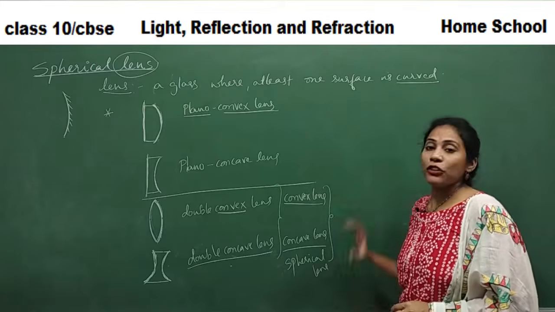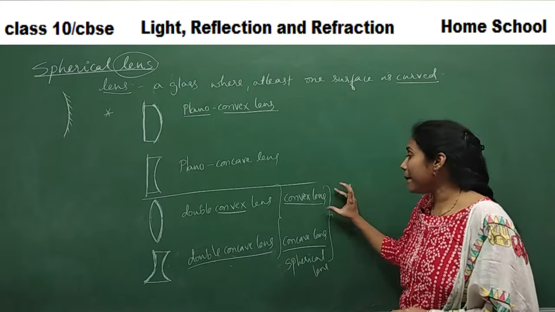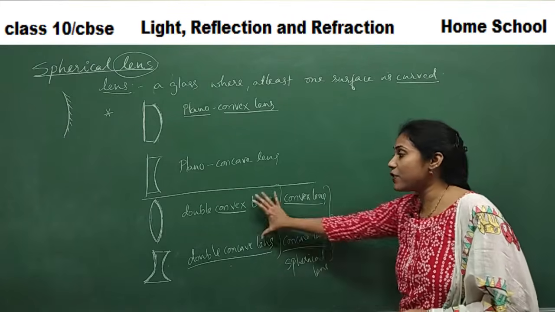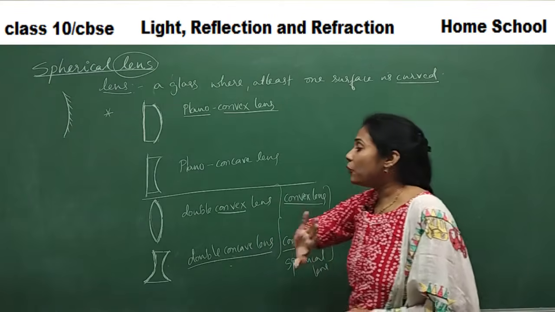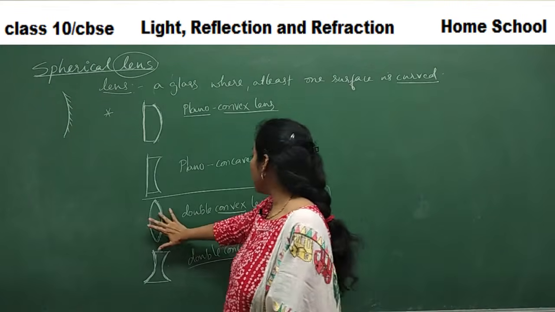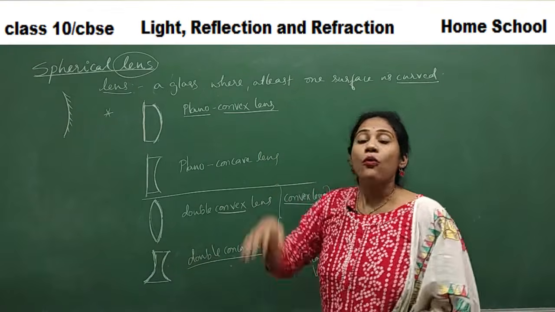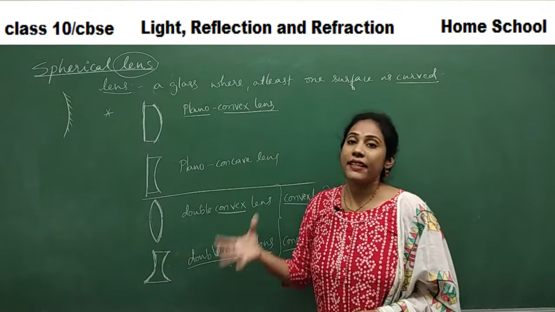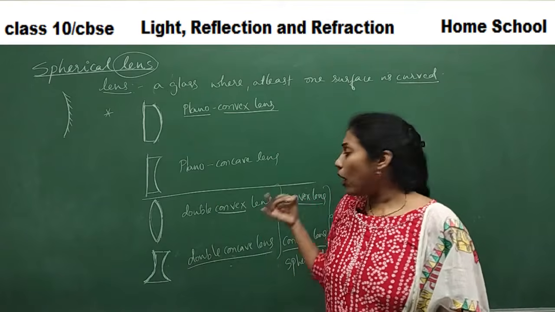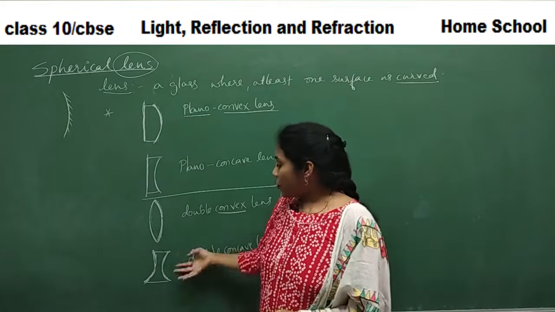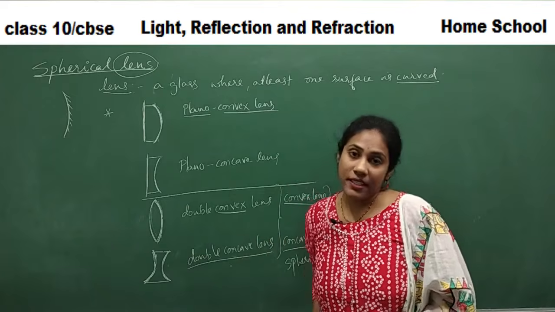So we are going to talk everything about these 2 varieties of lenses. Okay, how does an image form in a convex lens and how does an image form here? What is the type of image? What is the nature of image? All properties of these 2 lenses we are going to discuss.